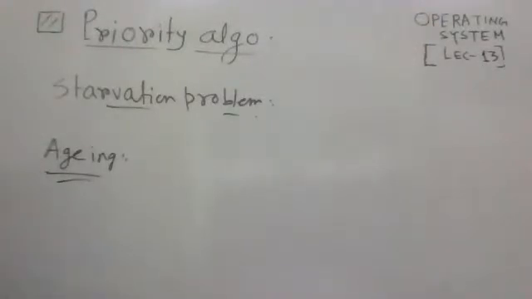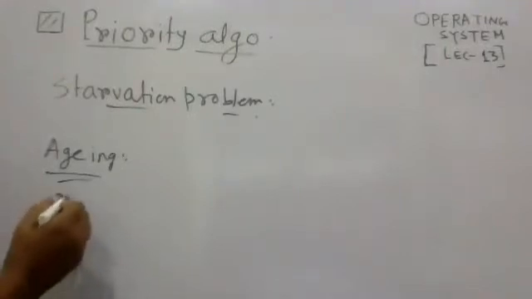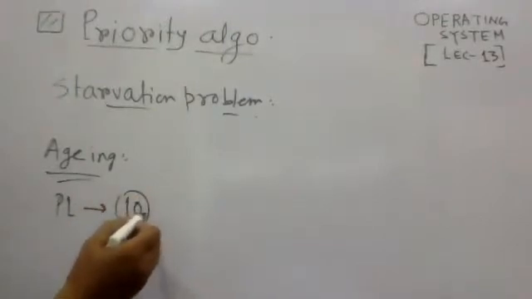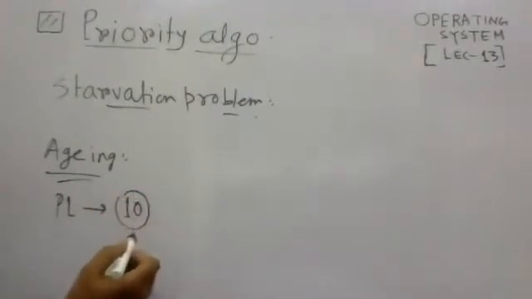In case of aging, we gradually increase the priority of processes that wait in the ready queue for a long time. Suppose P1 is a process whose priority is 10. This is actually very low priority, because the highest priority is 1, lowest number highest priority. So obviously P1 must wait in the ready queue for a long period of time. So obviously this is called starvation.